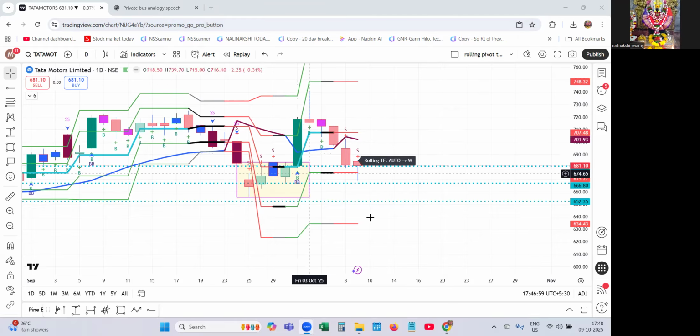How many people might have rushed into this trade on the day of the announcement of a demerger record date? That is, Tata Motors on 14th is going to demerge, and bonus shares will be given to the people. The people have rushed into the trade and they are sitting in the bus, thinking the move has begun.